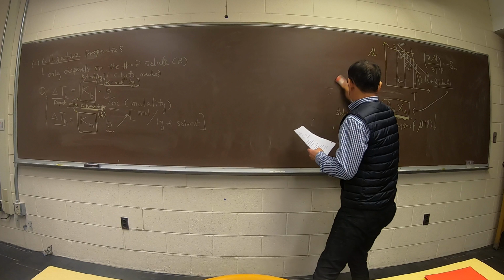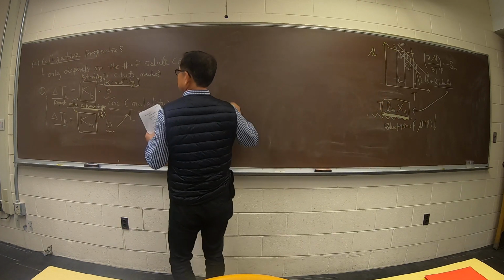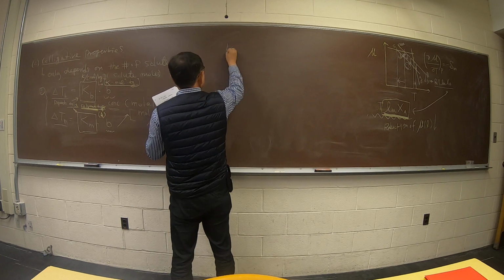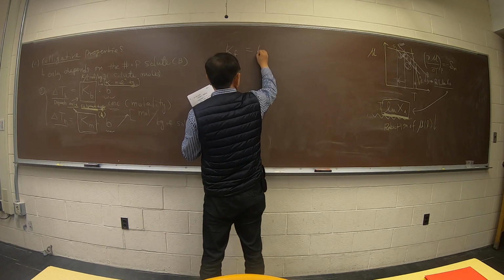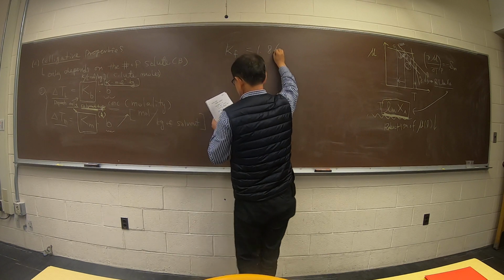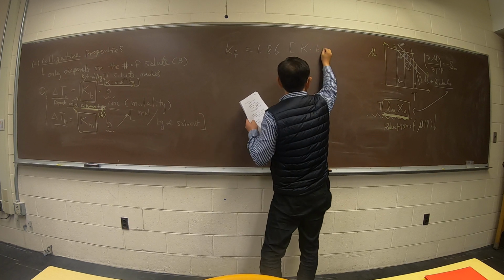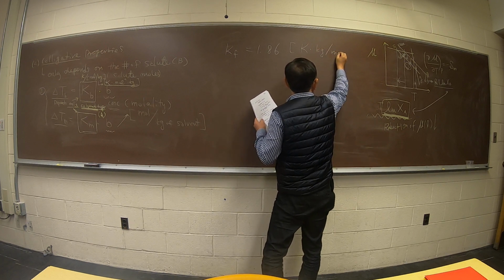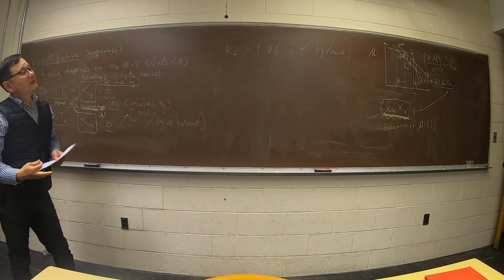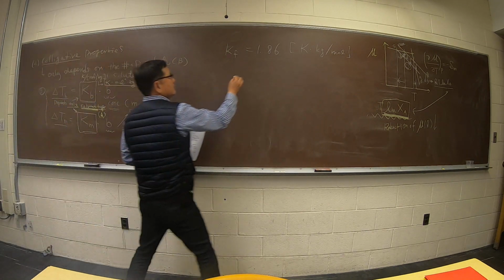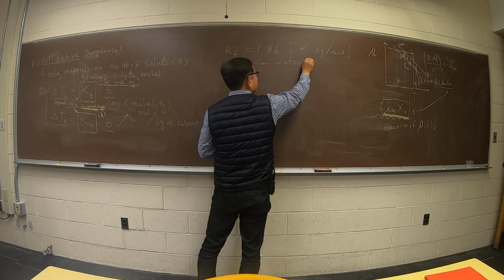And I want to give you the numbers. KF, the freezing point depression constant, is 1.86 K kilogram per mole for water as a solvent.